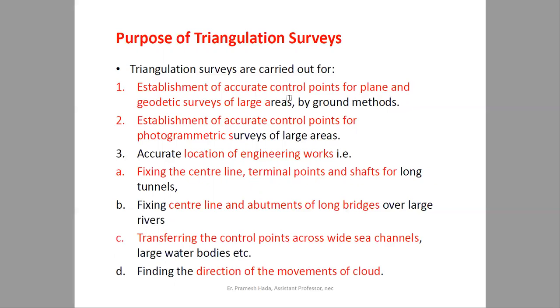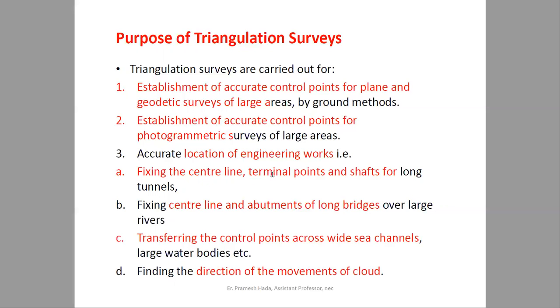We have studied why we require triangulation surveys for establishing control points. Also, they are required for establishing control points for photogrammetric survey, which we'll study in the fourth unit. There also we need triangulation survey for establishing ground control points.